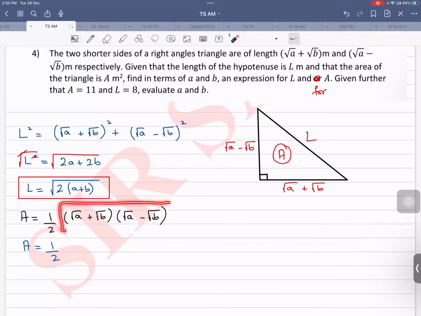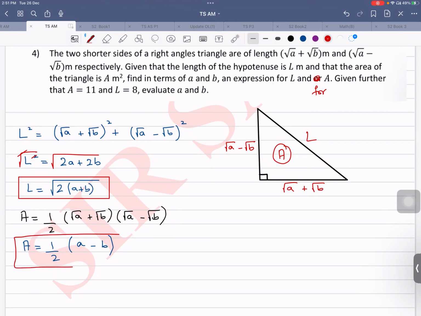A square plus B square. A square minus B square. A square will be A, B square will be B. So now we have the answer for an expression of area as well.